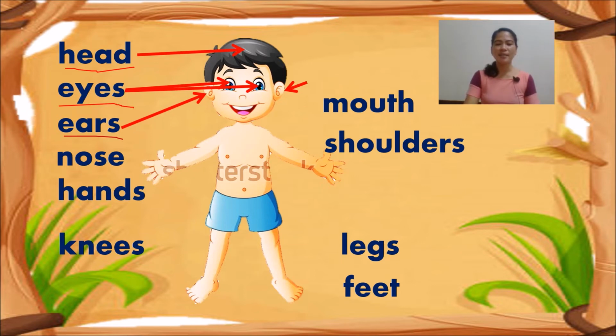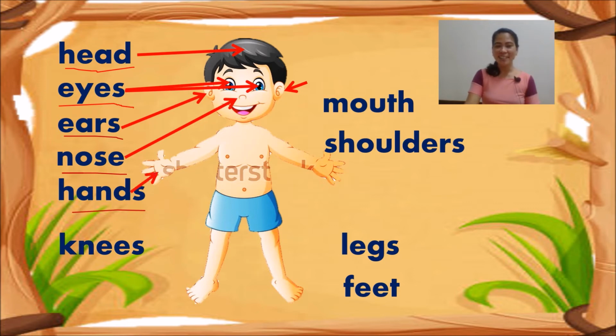Another part, we have the nose. Where is the nose? Yes, the nose is here. Then we have the hands. Where are the hands? Let's point them together.